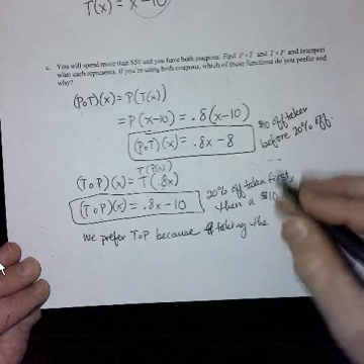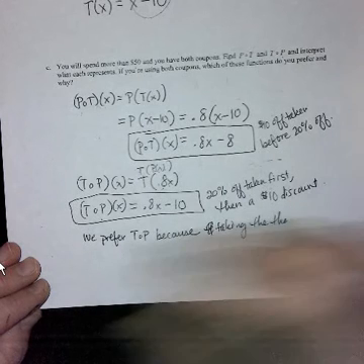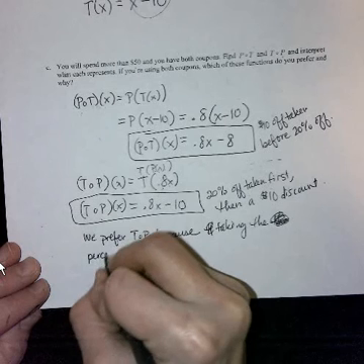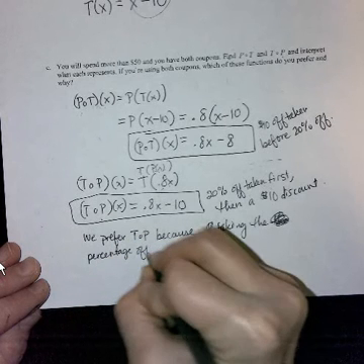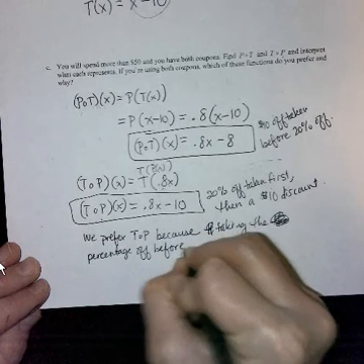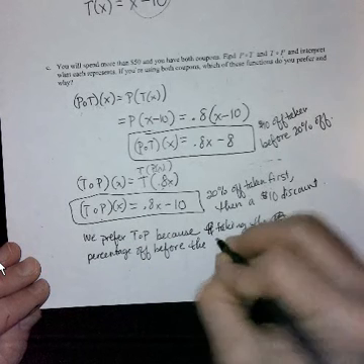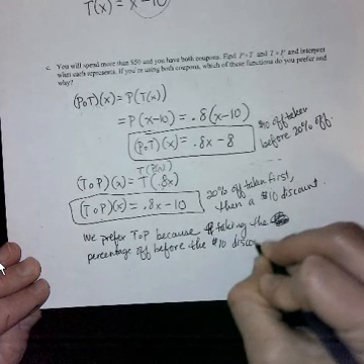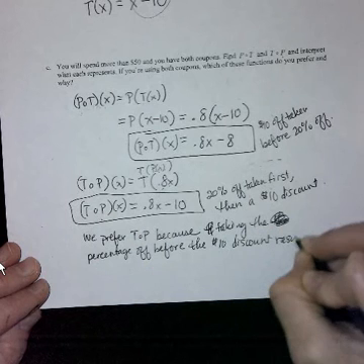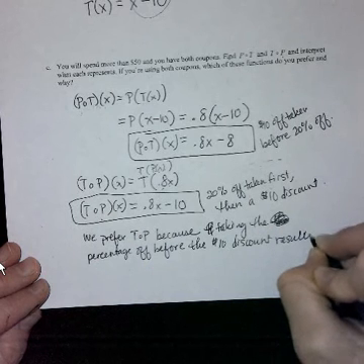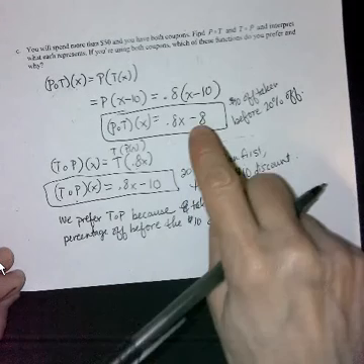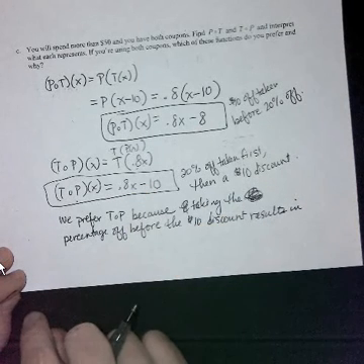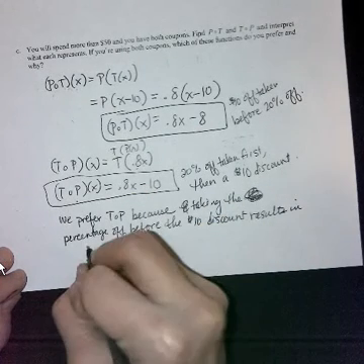taking the percentage off first, or before the $10 discount, results in, and notice it doesn't matter what the original price is, it's always going to be $2 extra that you save, $2 savings.